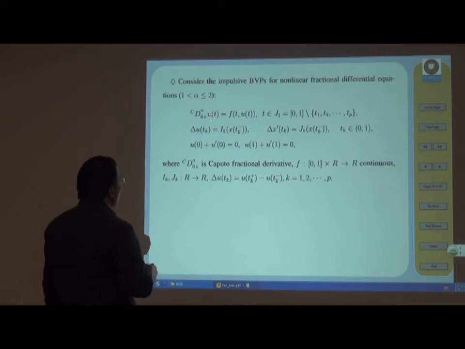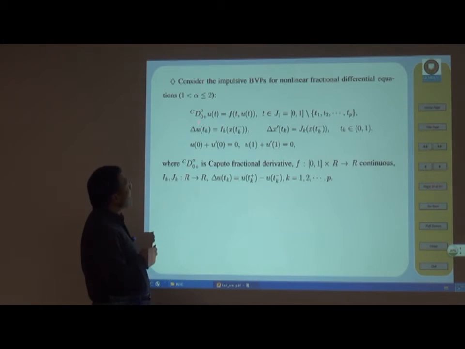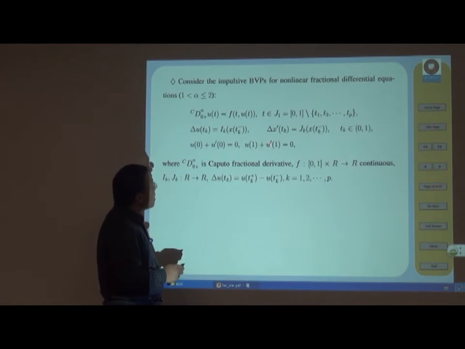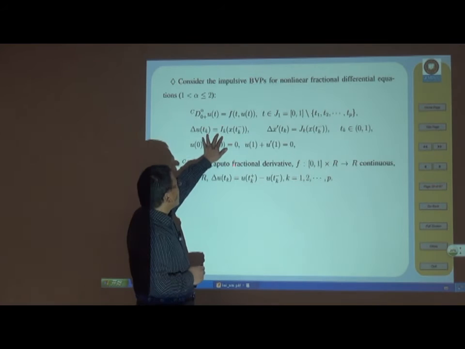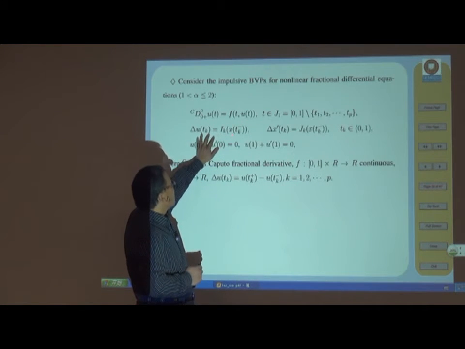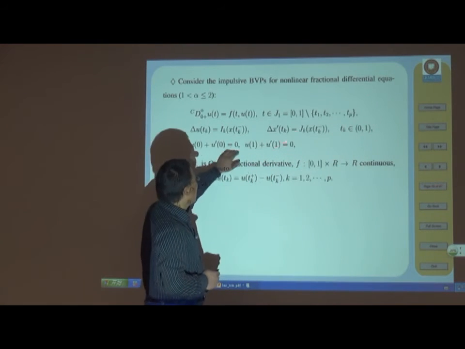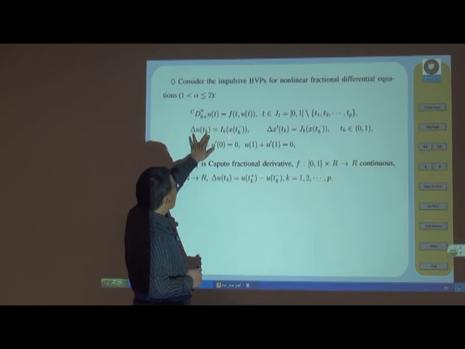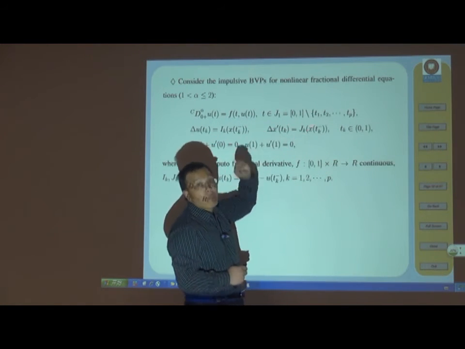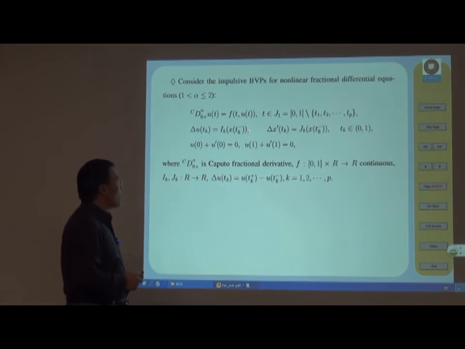You will find that besides the function and the boundary value conditions, there is also this. This is the jump: at the point t_k, there is a jump in the value of u or the value of u prime, the derivative.